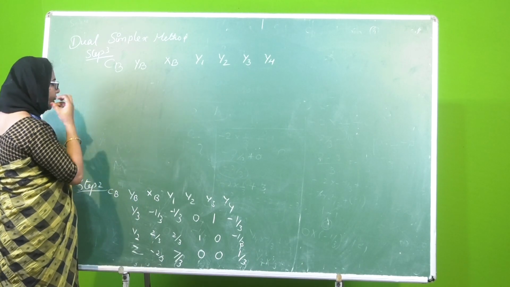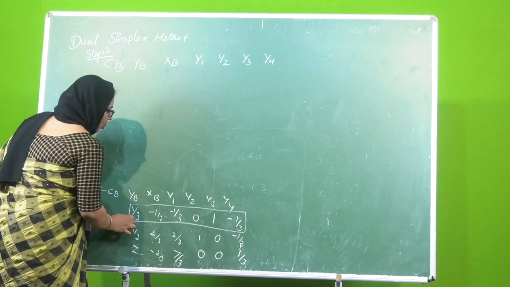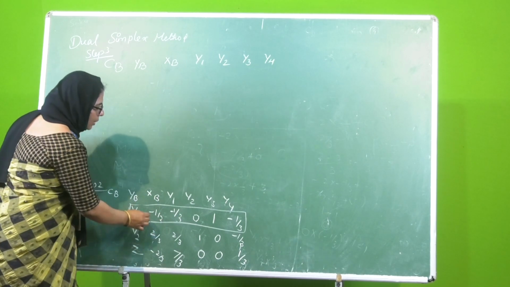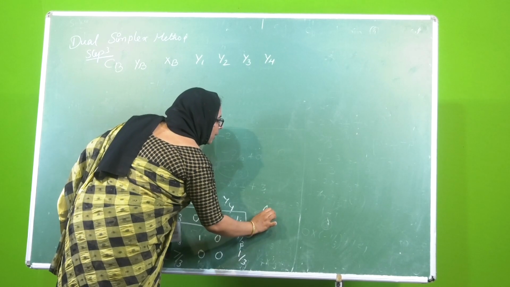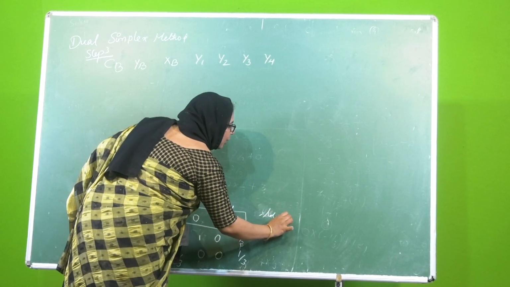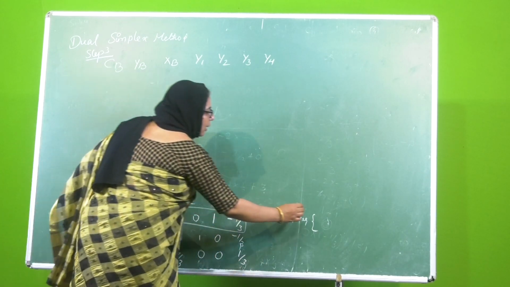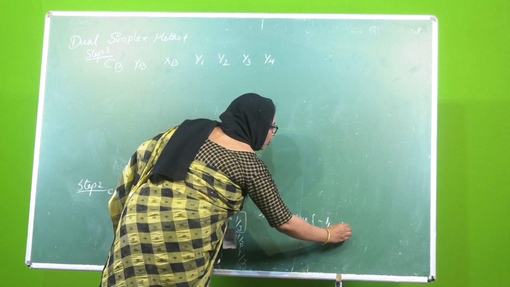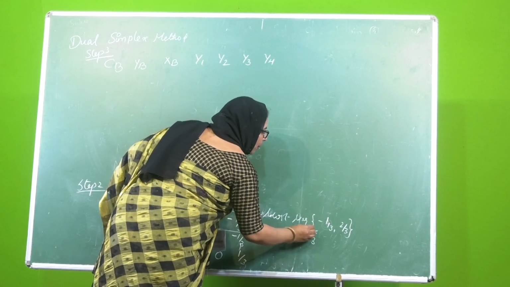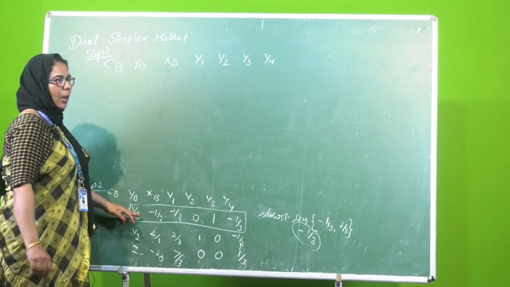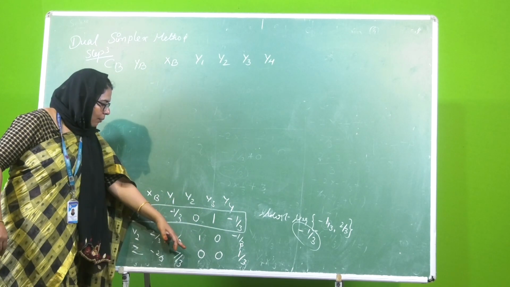So you select the y3 row, and finally we choose the column value.